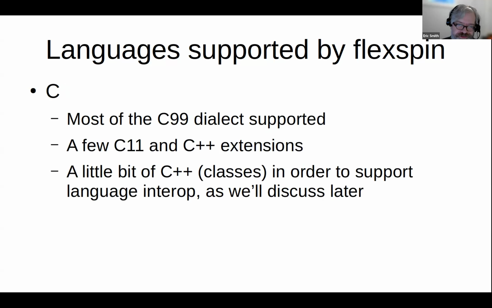And of course, FlexSpin supports C, which is one of the major features we're going to talk about today. It generally supports C99, the C99 standard, which is still pretty old, obviously, but it's not quite as old as the original ANSI C. And I've tried to add a few extensions from C11 and GCC and C++.